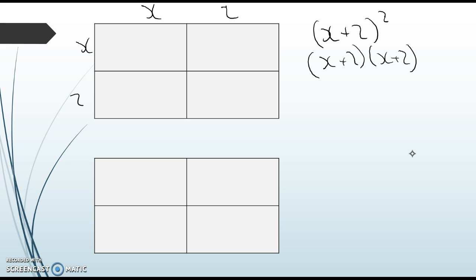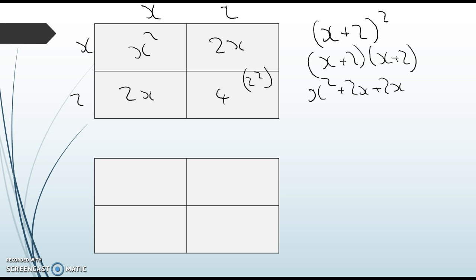So we have x squared, 2x, 2x, and 4. And this 4 is actually 2 squared. So we have x squared plus 2x plus 2x plus 2 squared. And when we simplify this, x squared plus 4x plus 2 squared, or 4. Both are correct, same thing.